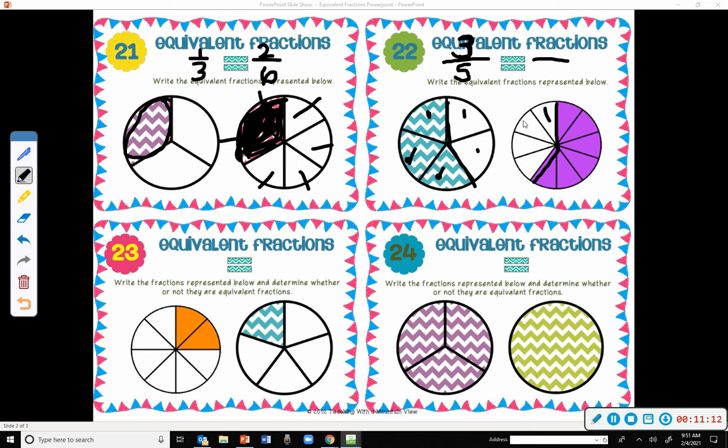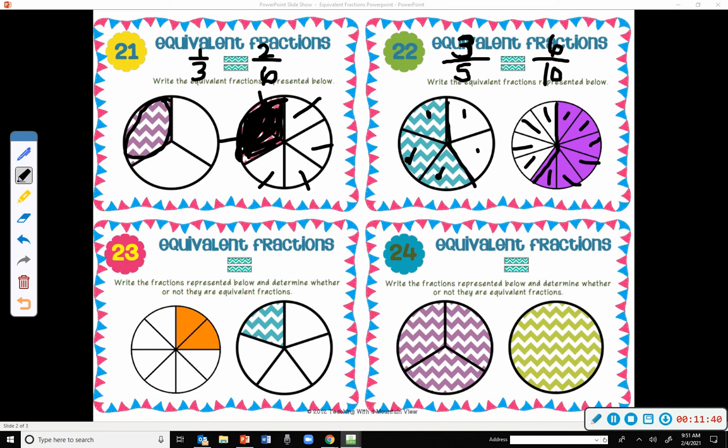So there's 1, 2, 3, 4, 5, 6, 7, 8, 9, 10. Okay, and then how many were shaded purple? 6. 6/10 is equivalent to 3/5. The same amount is shaded.